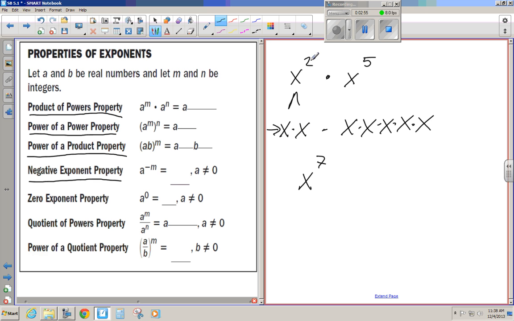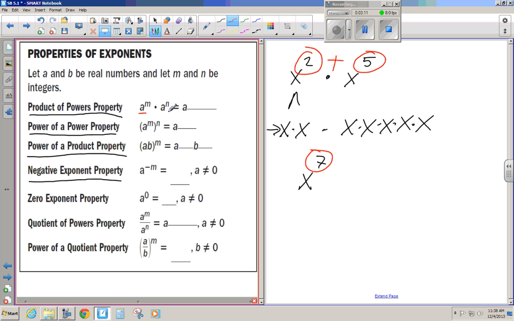So instead, look at the numbers 2 and 5, and how will you get to 7? You add. So this property says that when the base is the same, you add the exponents.